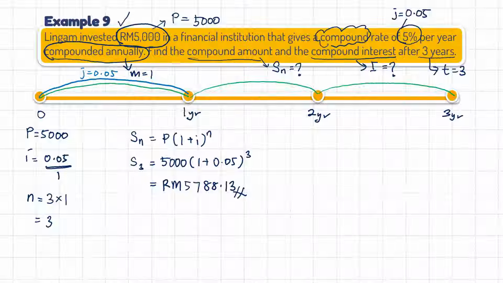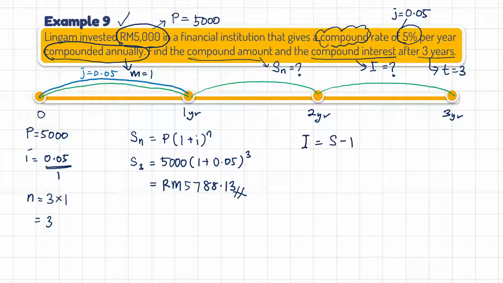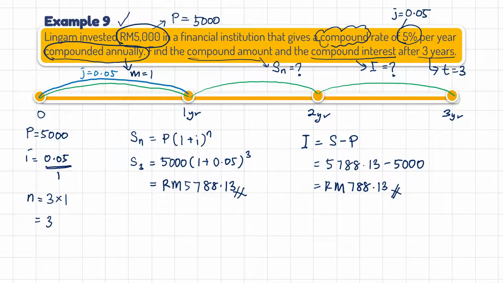Next, we need to find I. The formula for compound interest is I equals to S minus P. Therefore, I is equals to S, which is 5,788 ringgit and 13 cents, minus P, which is 5,000 ringgit. Just press your calculator and you will get your I is RM788 ringgit and 13 cents. So this is the answer for the second question.